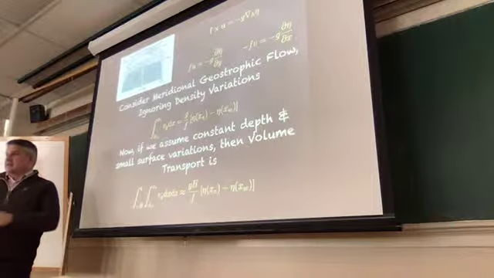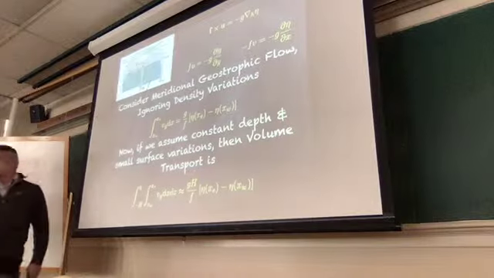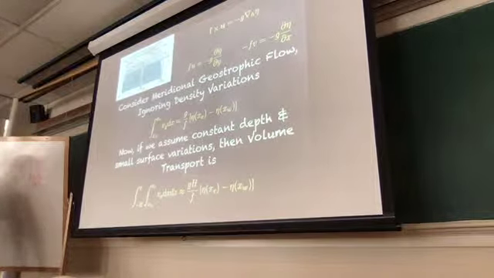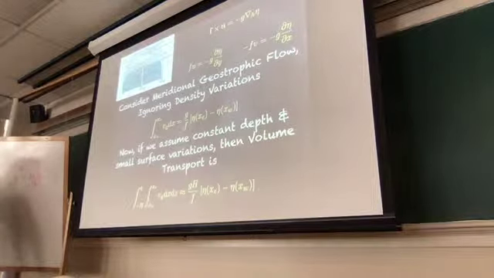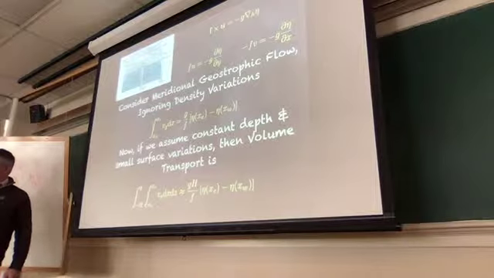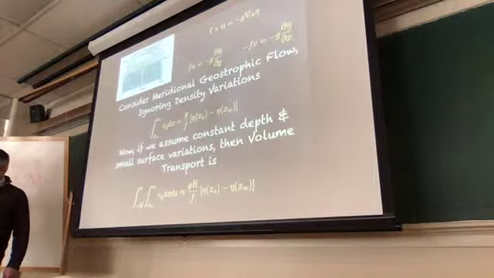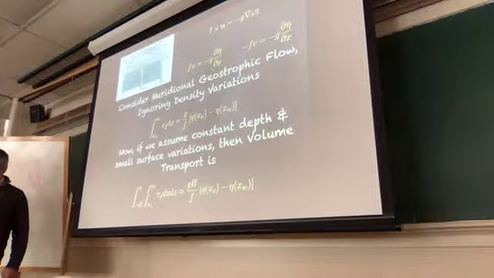Okay, here's the quiz question. How high is it here compared to there? It's the same. Why is it the same? Well, if we take the cross section through the gyre, everything's circulating, so the net transport should be 0.